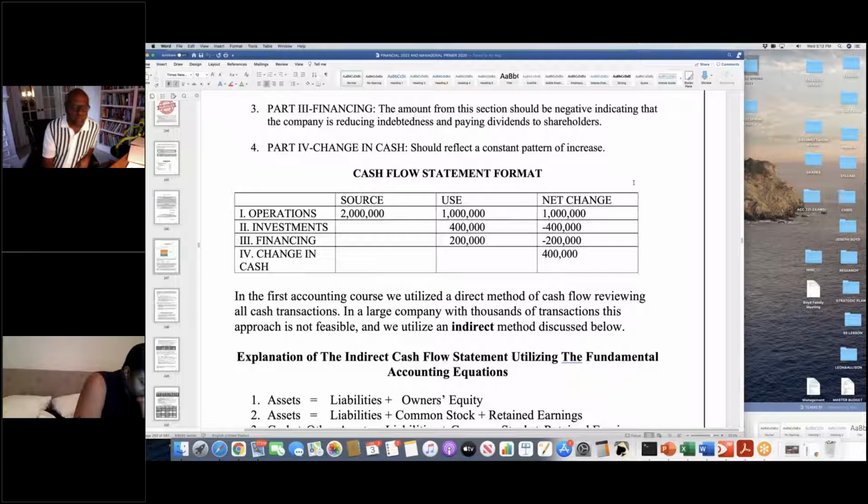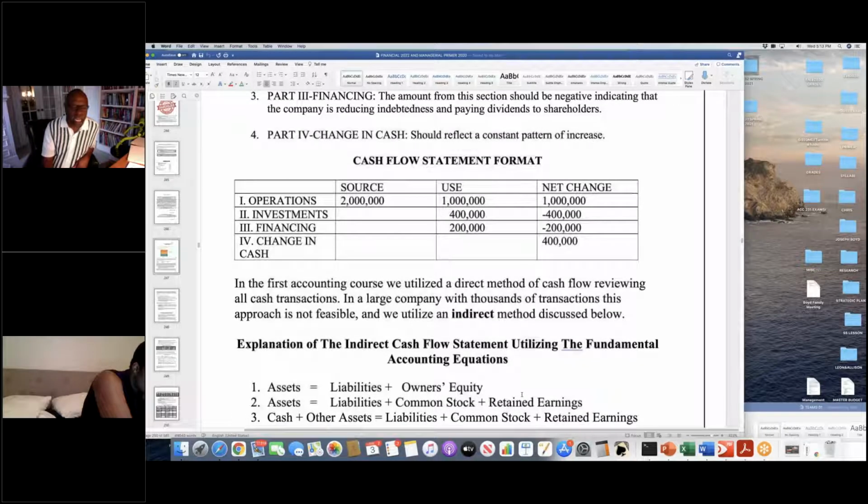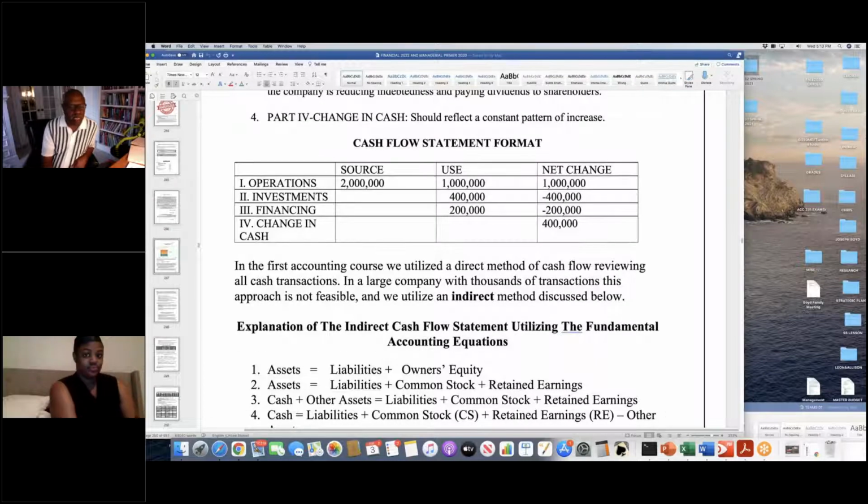And so we also know that assets equal liabilities plus common stock plus retained earnings. Then we know cash plus the other assets equal liabilities plus common stock plus retained earnings. That's that formula. Then we know that cash equals the liabilities plus the common stock plus retained earnings minus the other assets.